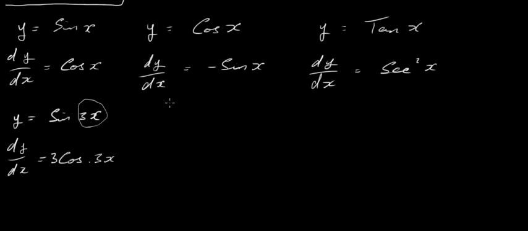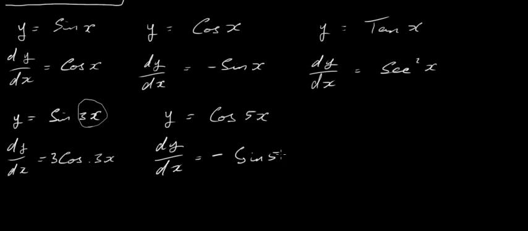Similarly with the other ones, let's say we have y is equal to cosine 5x. Then dy/dx will be equal to, first apply the rule directly, so it's going to be minus sine 5x. However, because this is not x, it's 5x, we've got to differentiate the 5x, which gives me 5, so I put 5 in here.